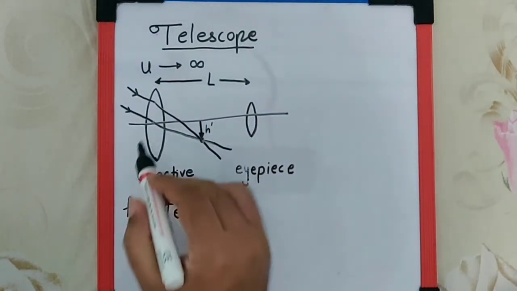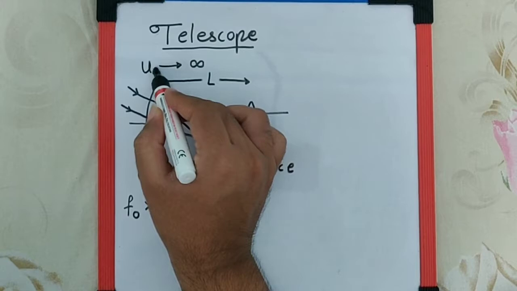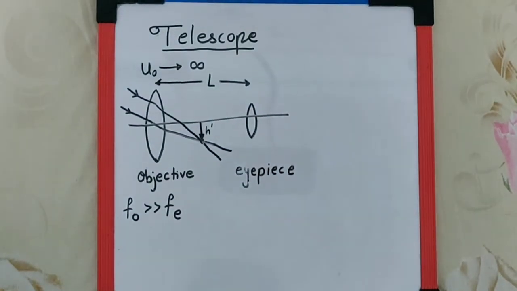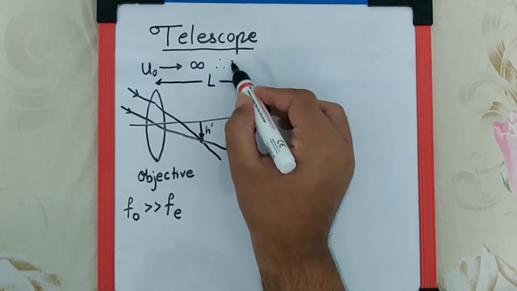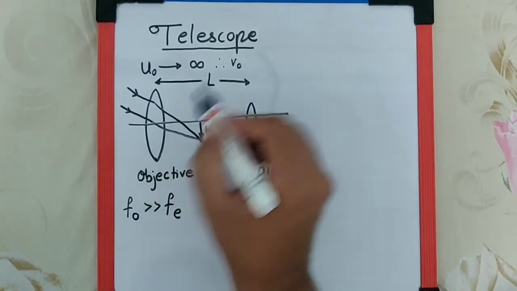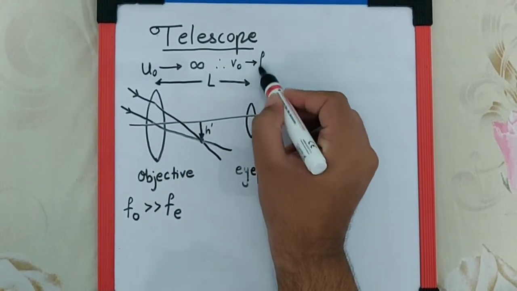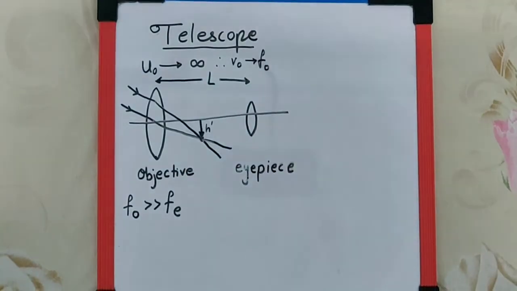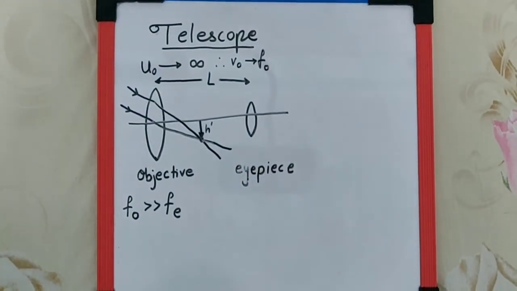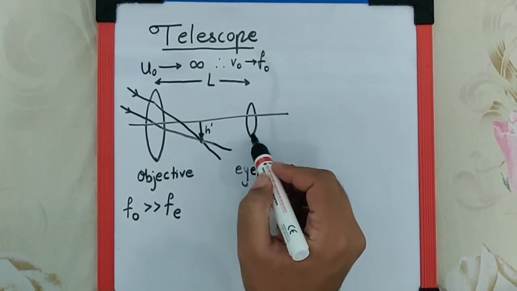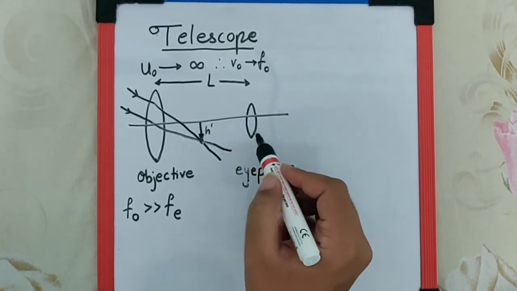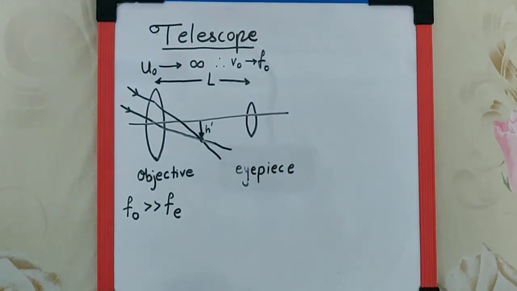Now definitely, as we say, the object distance from objective, that is UO, is infinity. Therefore the image formed by the lens is always at the focal length, which means VO is FO in this case. Now we arrange the eyepiece in such a way that we do not want the final image to be seen.